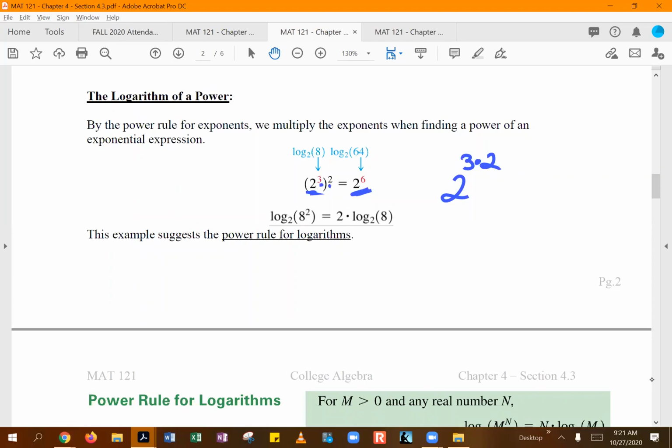So the way it works out with the logarithms, we know log of 8 with base 2 is going to equal an exponent also. So you're taking this exponent 2 and multiplying it with your logarithm. Basically, with these power rules for logarithms, you take your exponent 2 and bring it in front of its own logarithm, and you end up multiplying them together.